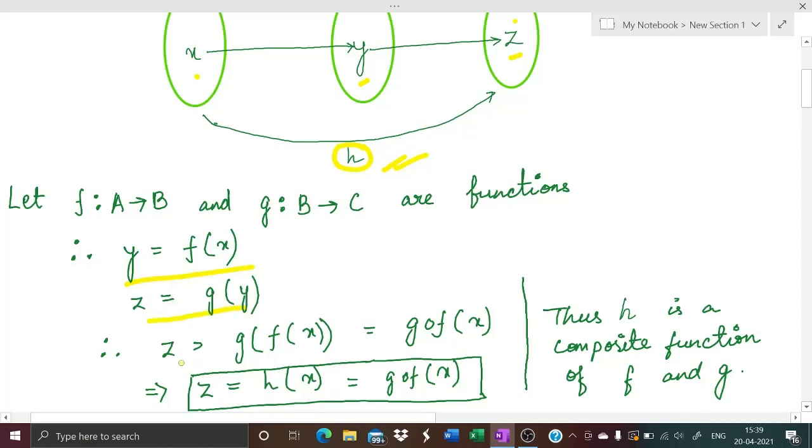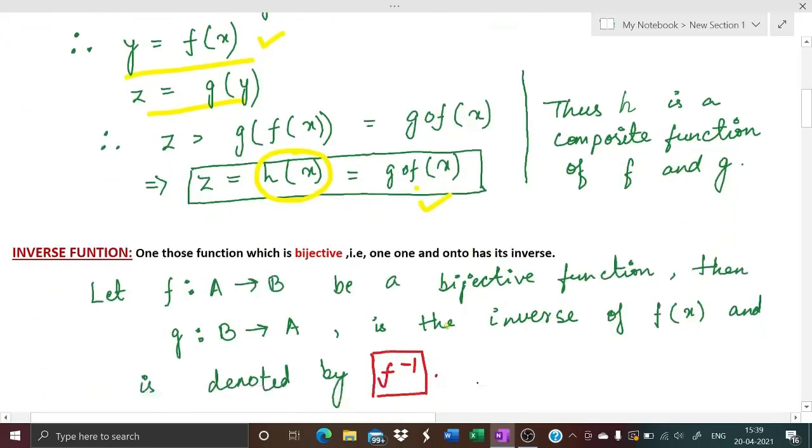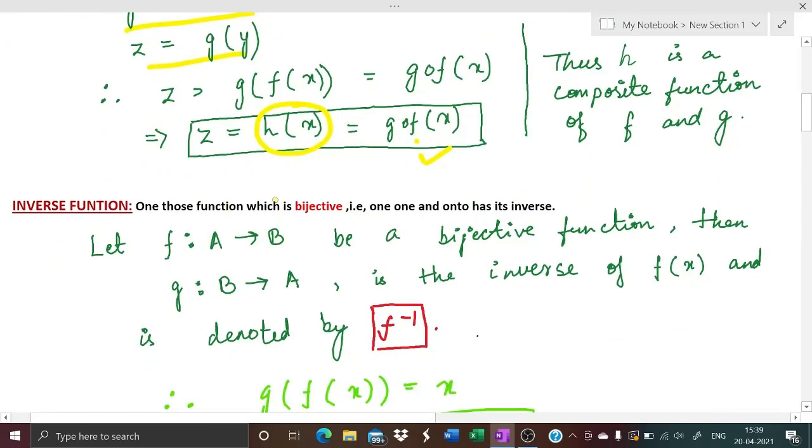So you can write z equals g of f of x, which is also written as g o f of x. So z is defined as a function h of x, which is a composite function of g and f. That is the composite function, and you will have only basic questions from this.